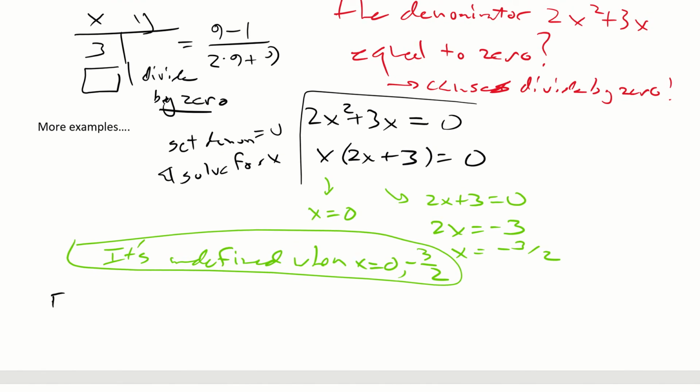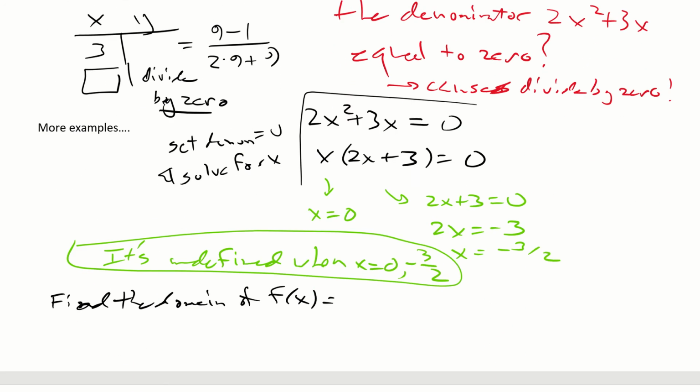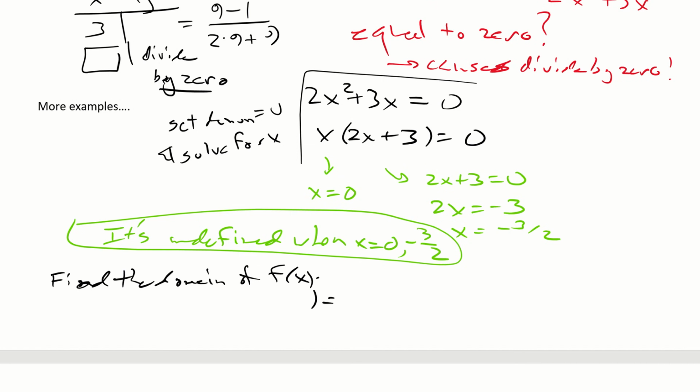So find the domain of f of x is equal to this thing, which is, what did I say it was? The top is 3x minus 1 all over 2x squared plus 3x.